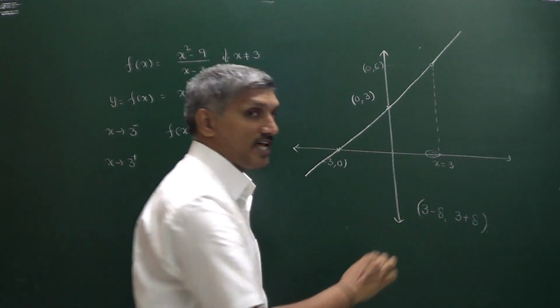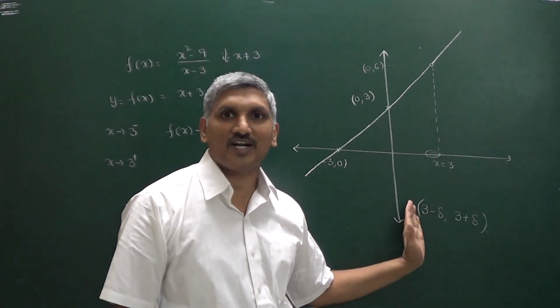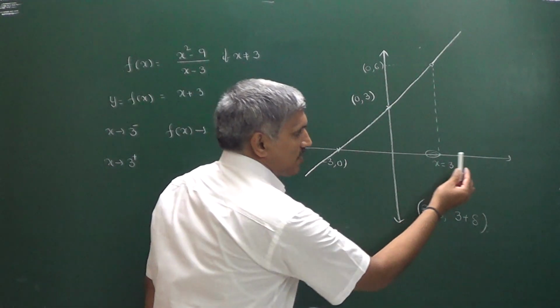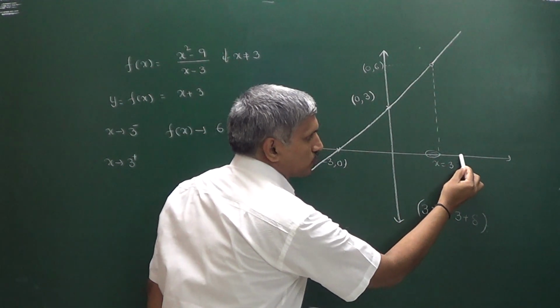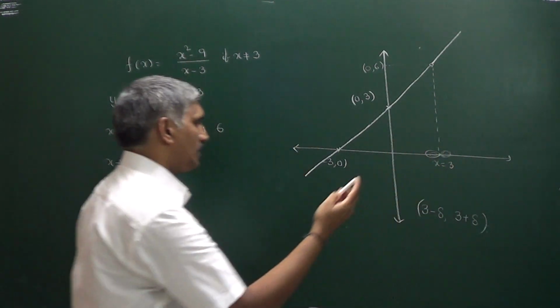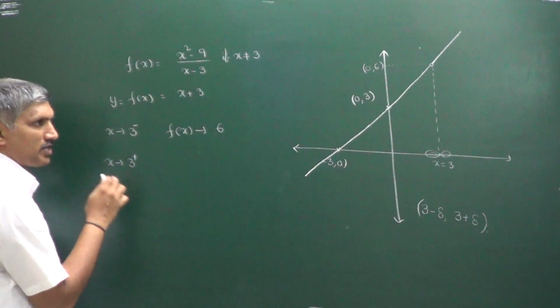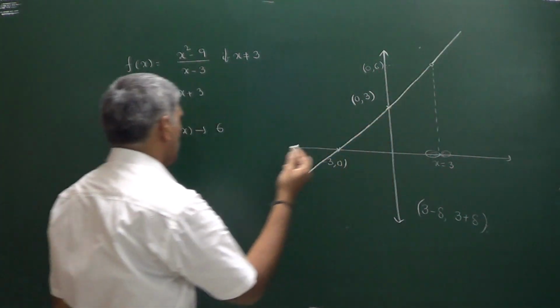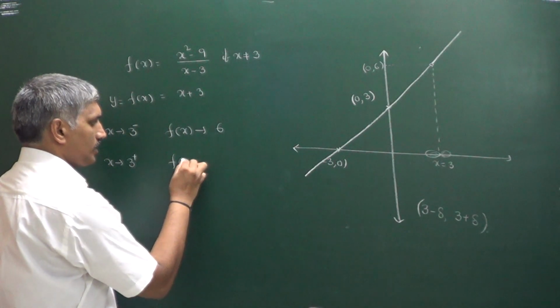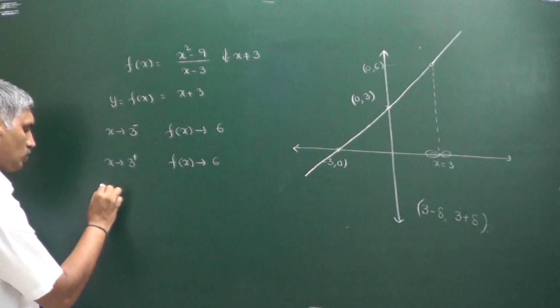This is called the neighborhood of 3, that means very close to 3 on the left and right side. So when x values approach 3 from the right hand side, functional values are approaching 6. The same definition we can write in this way also.